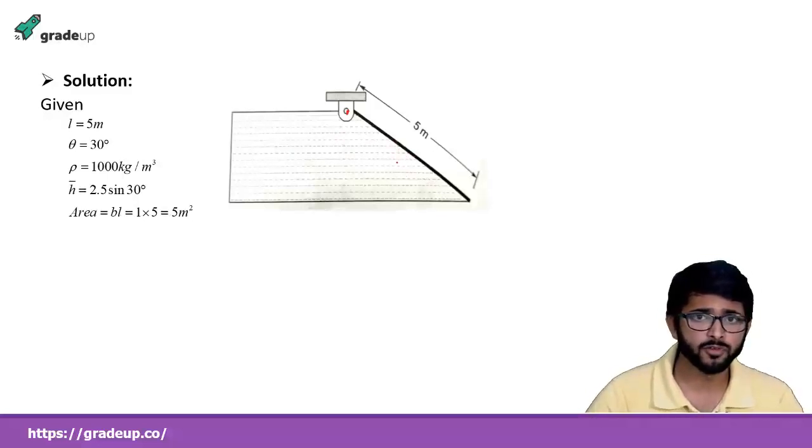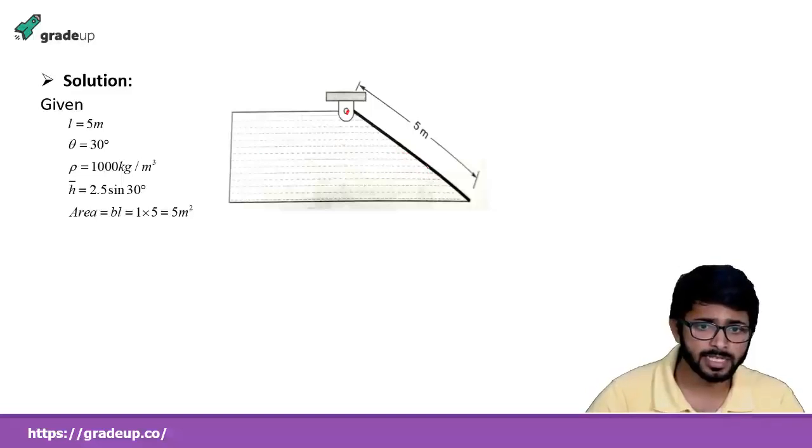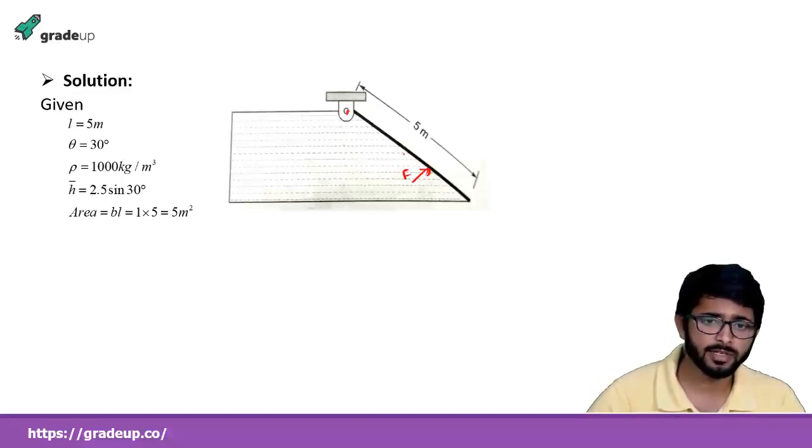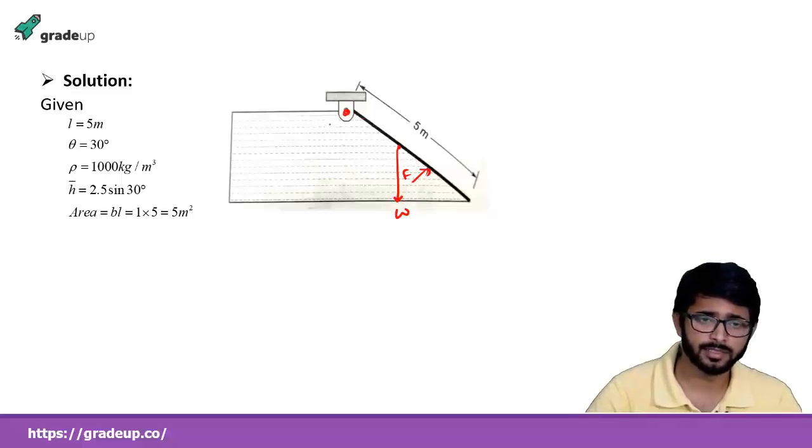First of all, we have to do the force balance in this vertical. Let the force acting in this direction be F, and the weight of this gate acting downward be W. Taking a point here, say H, the hinge, we just have to take the moment equilibrium about that point, due to this force and this force.